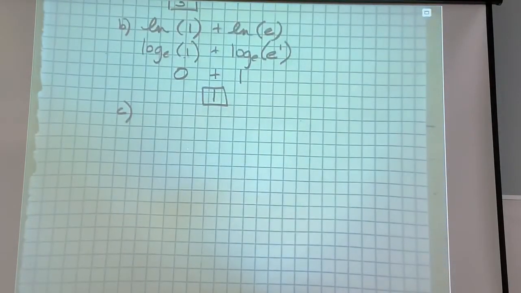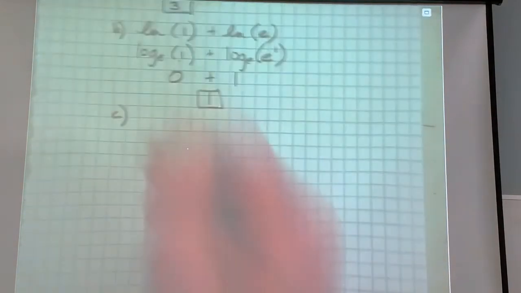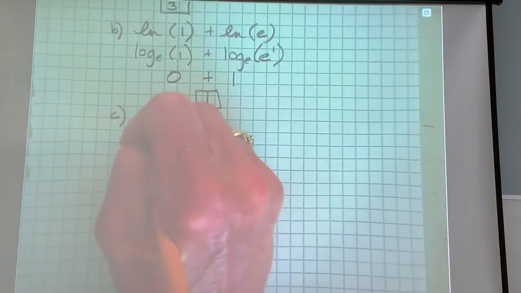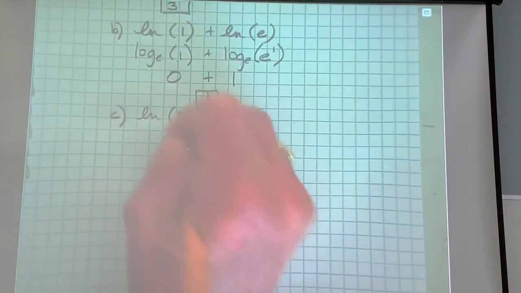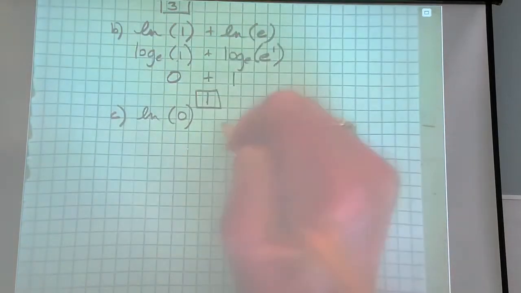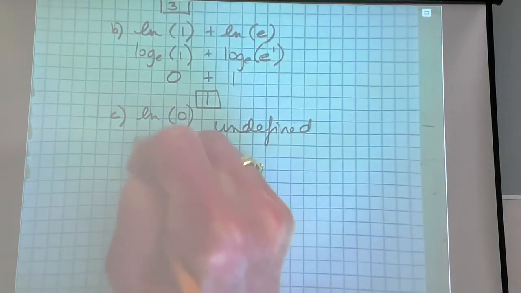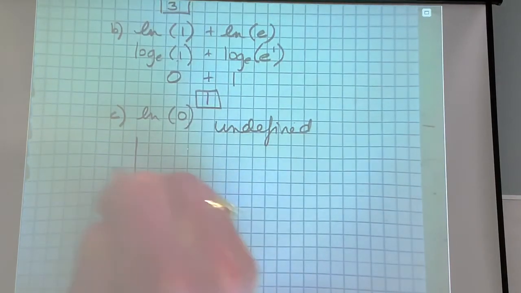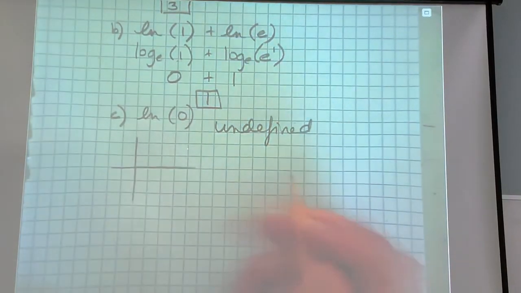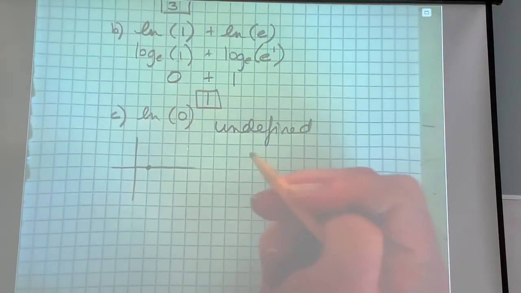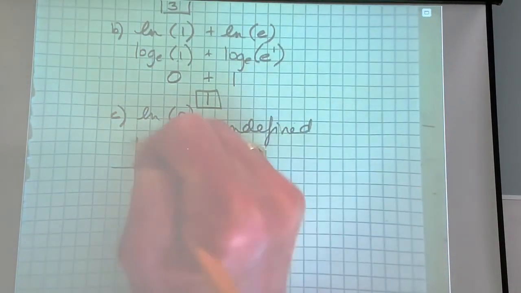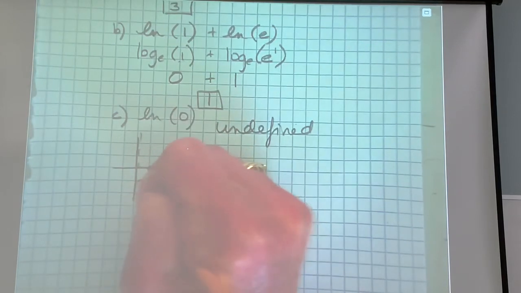For C, it says, what is the natural log of 0? This is going to be undefined. If you remember what it would look like if I was to graph the natural log function, it would look like this.